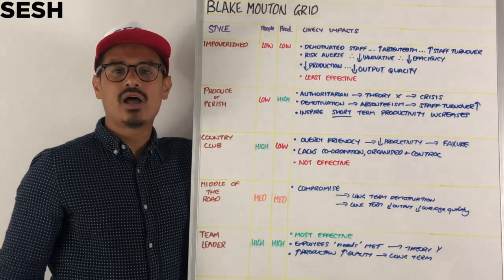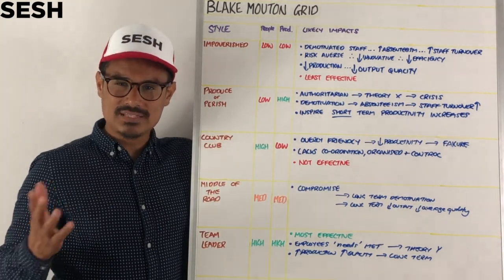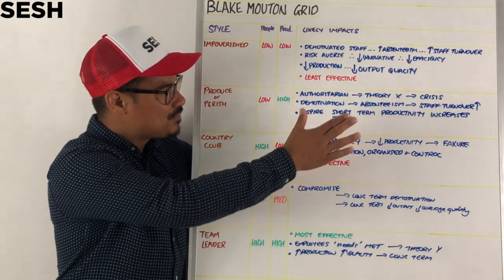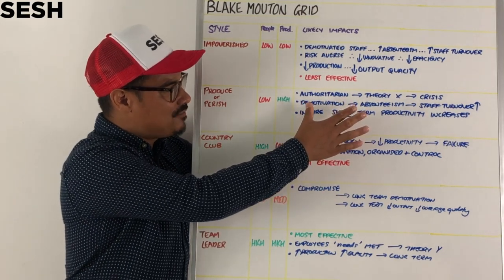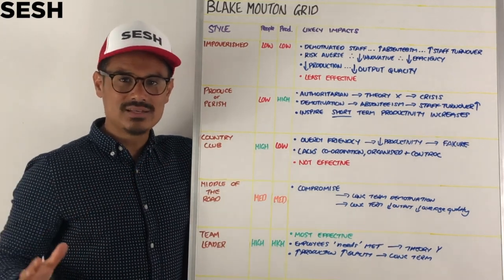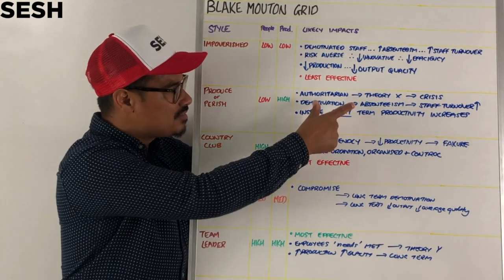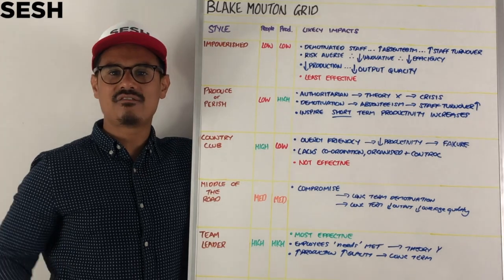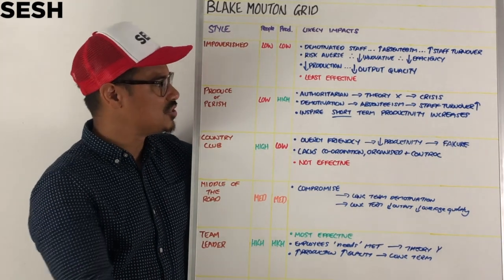This may suit a business that's in a crisis, so this is where potentially this method works. But in the long term, it's likely if you've got rigid rules and you're just telling your workers what they have to do, there's no delegation, no consultation with them, then it's going to lead to demotivated staff, absenteeism and turnover issues in the future.